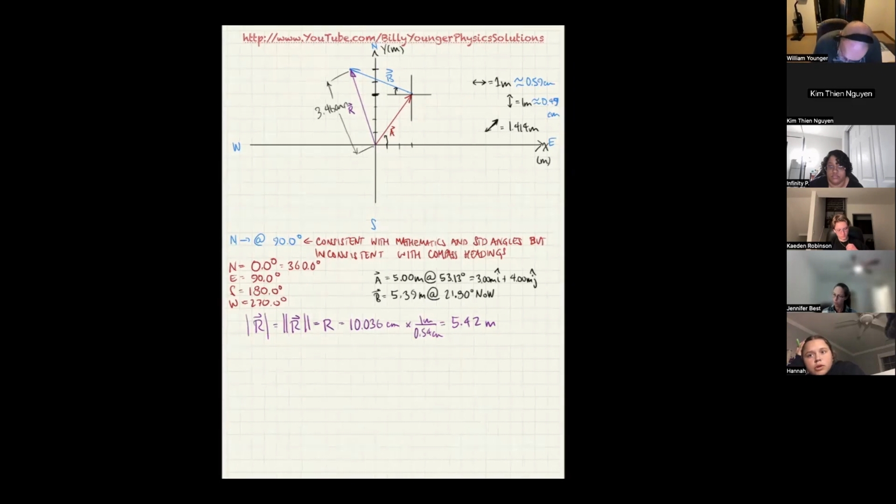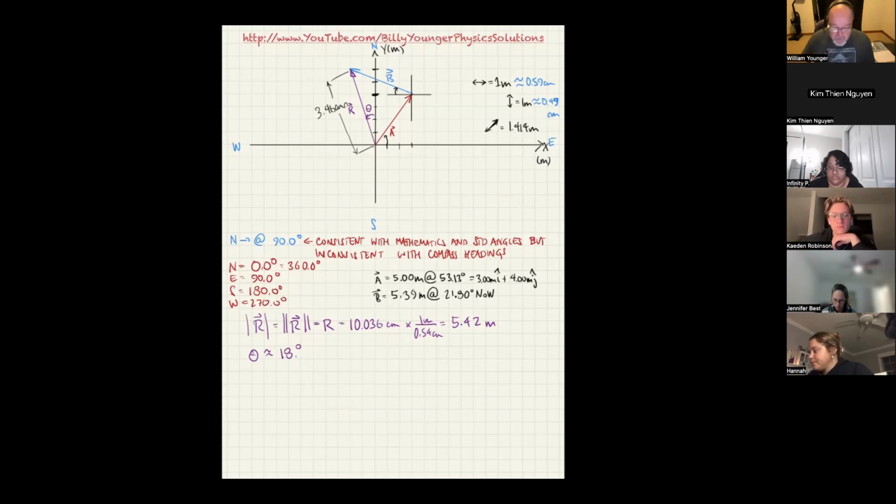So I'm going to say this little angle right here is theta, and I'll say theta is about 18 degrees. I really can't estimate it. I'm not even sure I'm that good at estimating it to the nearest whole number because the protractor I'm using is only marked in intervals of 10 degrees.